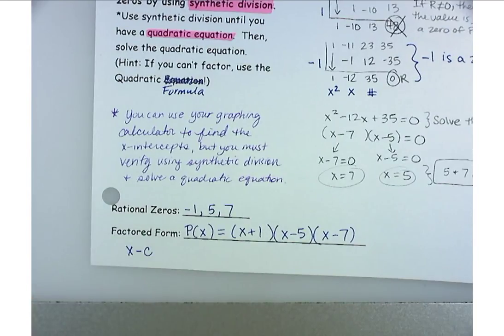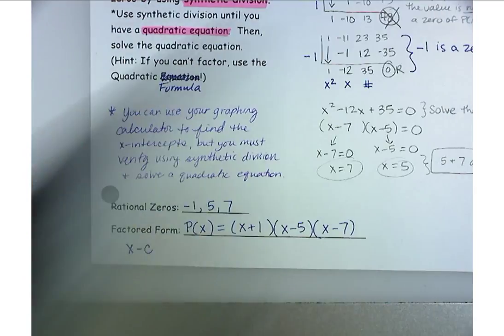So you're still going to do synthetic division to verify, and then you would solve a quadratic equation. Okay? So we're going to do that with part B. So go ahead and graph that for part B.